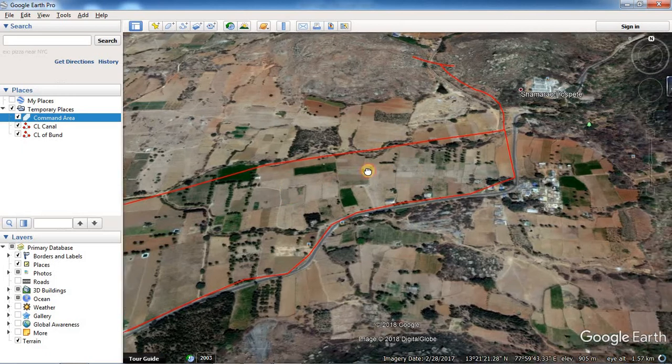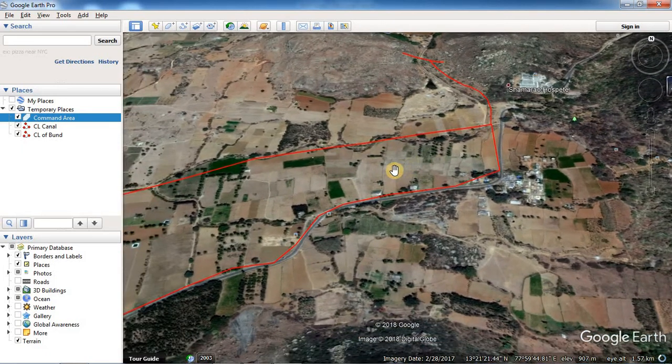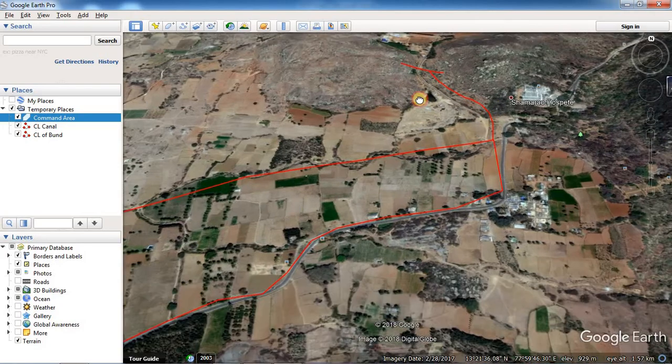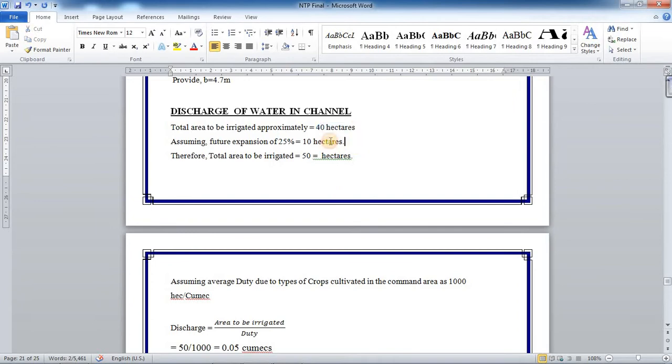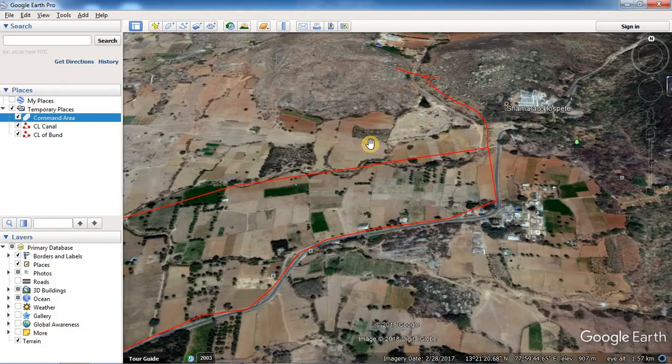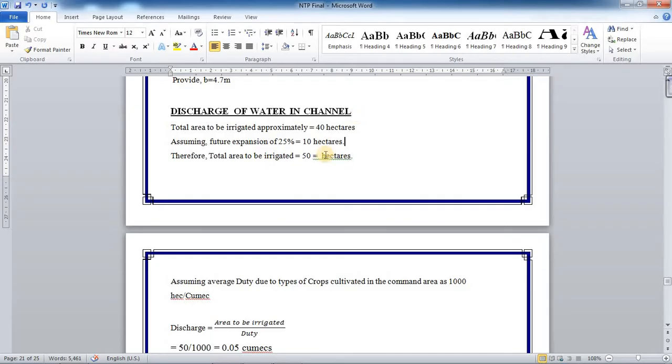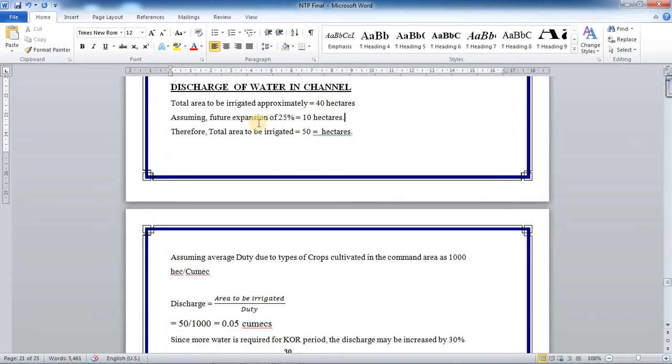In order to do the cultivation, this area needs water, and that can be supplied through the canal. To allow the water to flow, an opening has to be made in the tank sluice, so that has to be calculated. 40 hectares is the area, and for future expansion, 25%, which is 10 hectares, so the total will be 50 hectares.